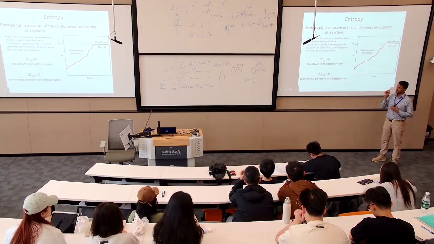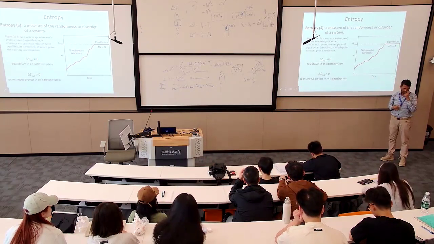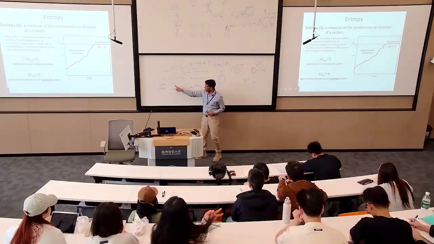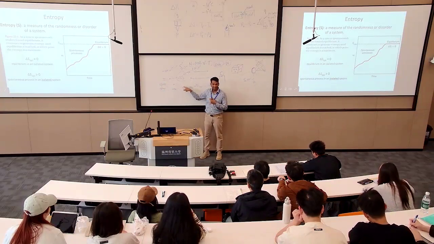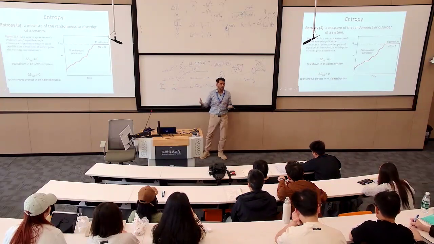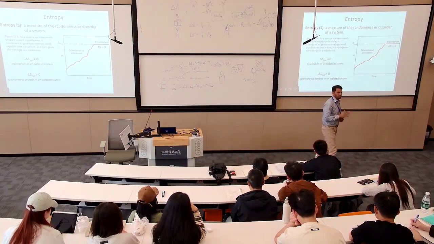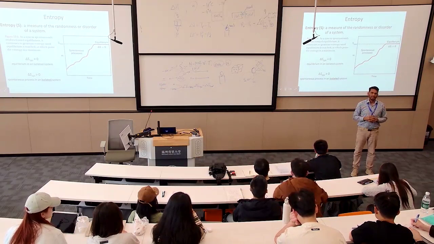If they are spontaneous, is their entropy with time increasing or decreasing? If entropy change is positive, the reaction is spontaneous. If the reaction is spontaneous, entropy change is positive. Positive means increase. So in all natural processes, entropy increases.